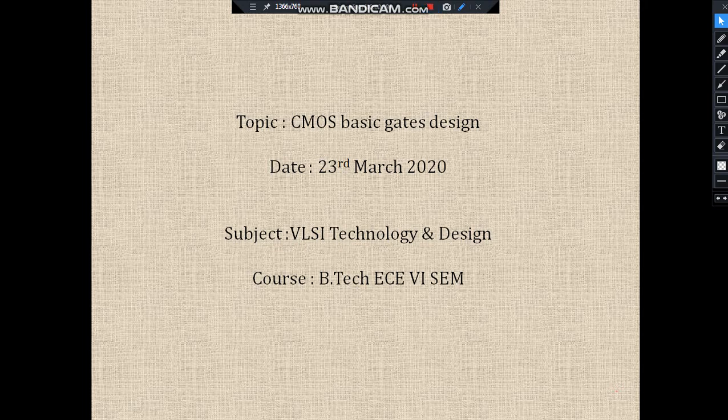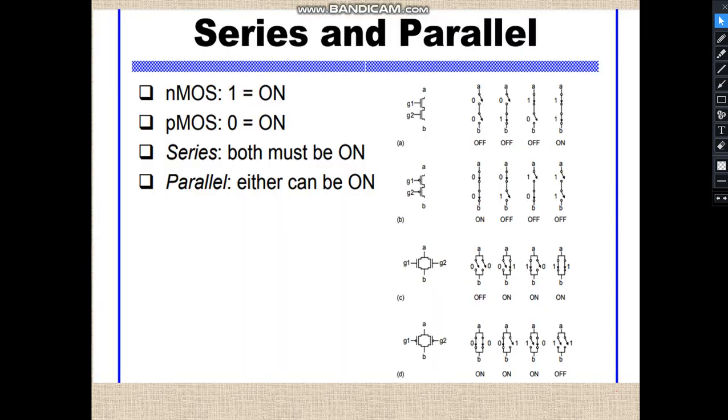So let's start. The first topic is CMOS basic gate design. Before implementing CMOS basic gates, we have to understand the theory of series and parallel combination of basic gates. As we all know, for the operation of an NMOSFET, the input gate voltage should be positive.